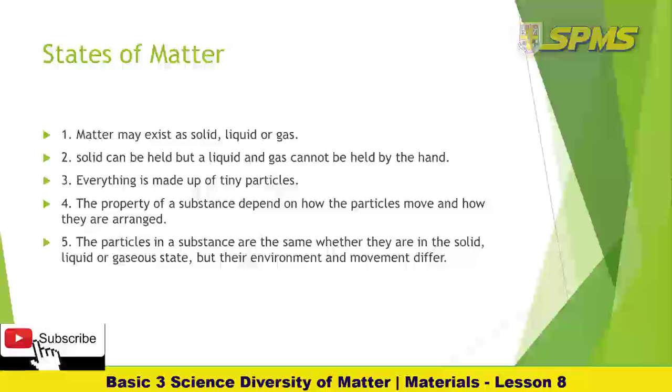Tiny particles. There are things in the air that we cannot see. And then the property of a substance depends on how the particles move and how they are arranged. Yes, so these particles will tell if an object is solid, if it is liquid, or if it is what?